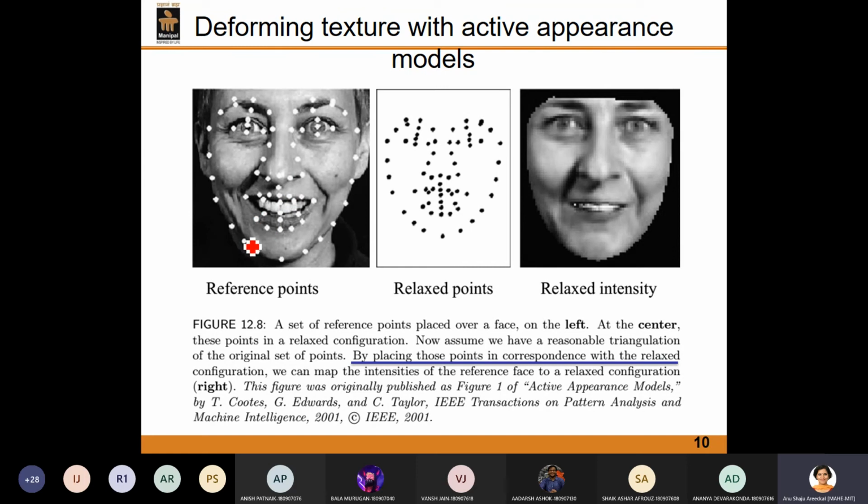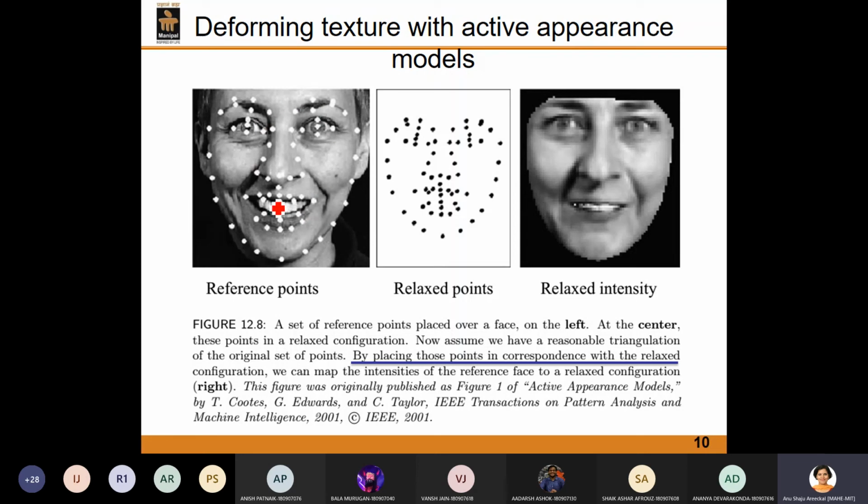Reference points, also called landmarks, are usually points which are of interest to us. For example, along the border of the chin and the face, the eyebrow regions that you have here, the eye regions, the nose regions, and the lips. These are some of the landmarks or reference points that we are considering.